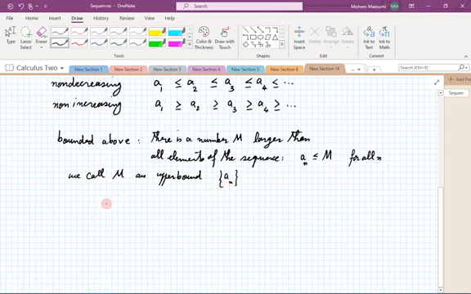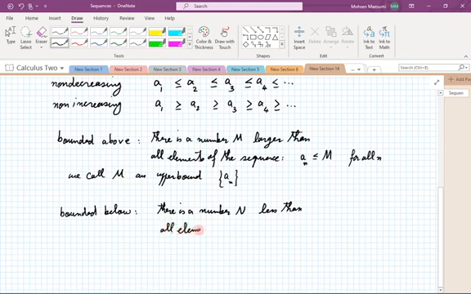Similarly, we have the notion of bounded below. Bounded below if there is a number n that is less than or equal to all elements of the sequence.